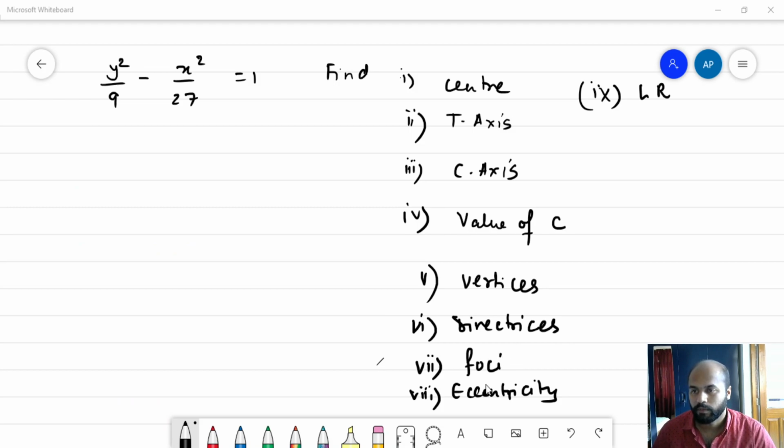Let's take up a problem and try to evaluate all these details. The hyperbola that is given to us is of the type y square by a square minus x square by b square equals 1. So it means that a is going to be 3 and b is going to be root over of 27, that is 3 root 3.